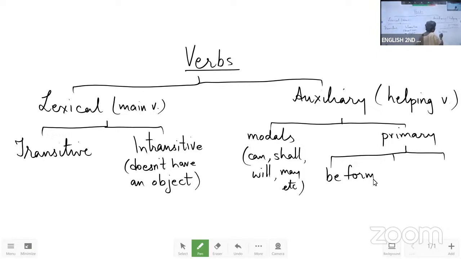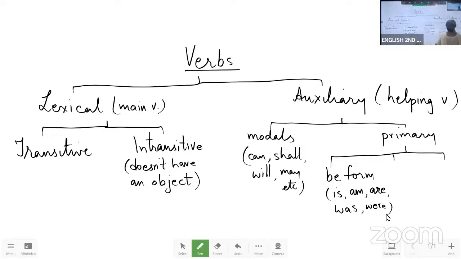But actually, be form is is, singular, am is used with I, are is plural, present tense, was singular past, were plural past. Plus, you have the negative forms. Is, isn't, am, are. You write the negative as aren't, was, wasn't, were, weren't.